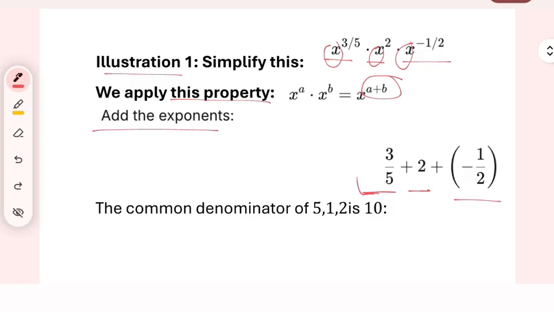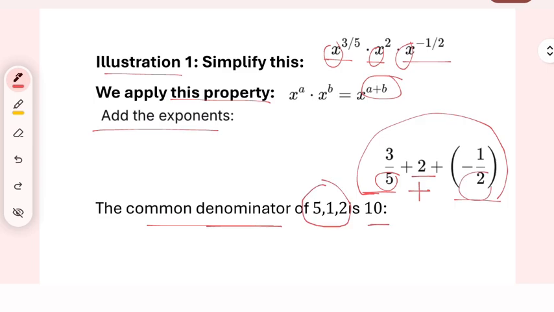How do we add these exponents? Since they are in fractional form, we need an LCD. The denominators are 5, 1, and 2. What is the LCD of 5, 1, and 2? The LCD is 10.